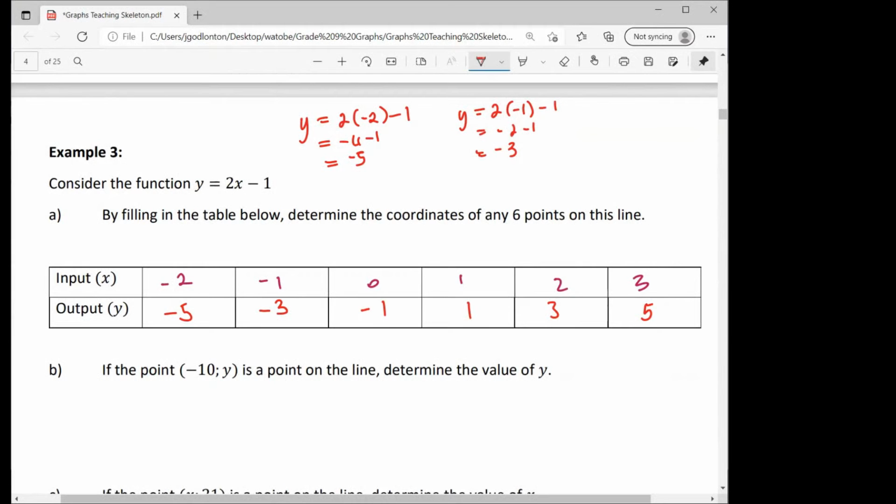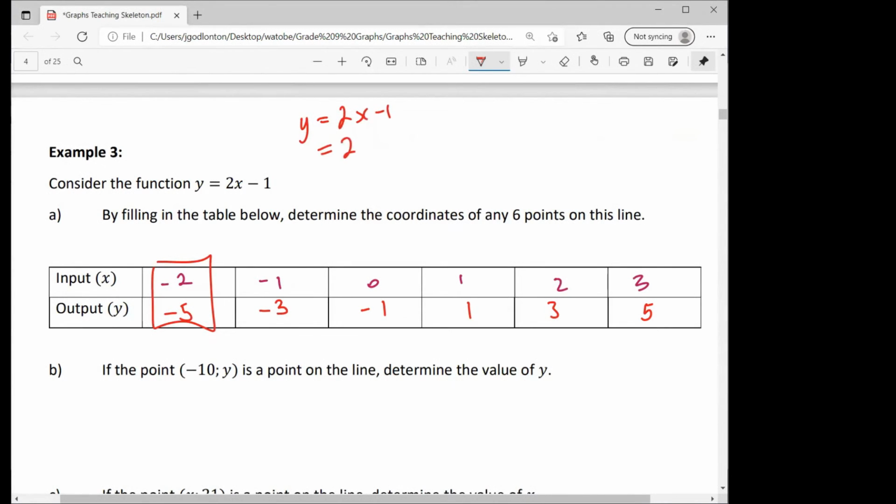Ma'am, I'm having trouble with the calculating. Okay. Do you have your calculator with you? Yes. Okay. So grab your calculator for me. Whenever we do substitution, especially when we're dealing with negative numbers, it's really important that we use brackets. So if I'm looking at this first pair over here, we've got y equals 2x minus 1.